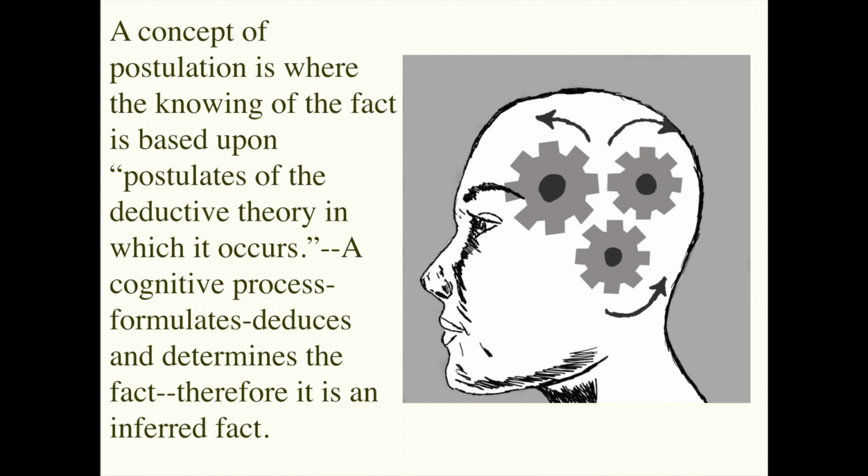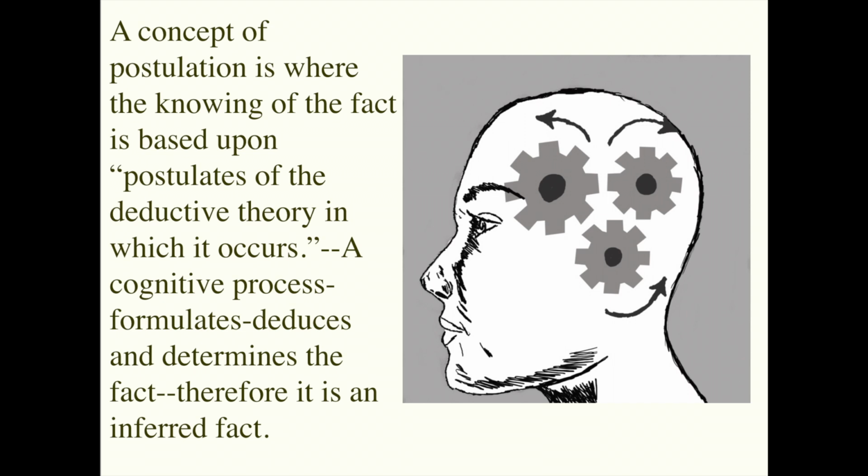Now, a concept of postulation is where the knowing of the fact is based upon postulates of the deductive theory in which it occurs. A cognitive process formulates, deduces, and determines the fact, and therefore it's an inferred fact.